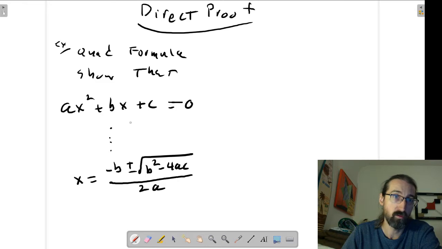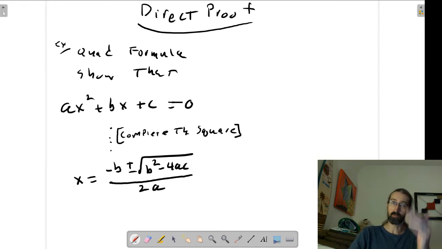And the way that you do this proof is by, what was it called? You're going to use completing the square. But you're just doing algebra. You're doing this proof by completing the square. And it's just an algebraic proof, a direct proof showing that this gets you this equation here.